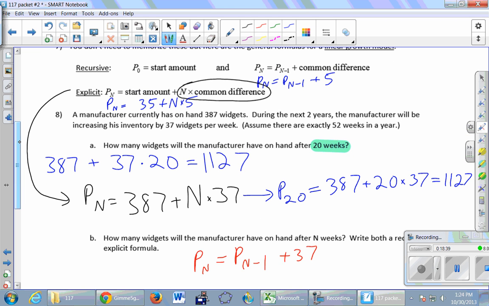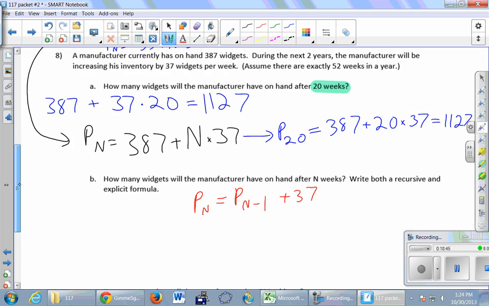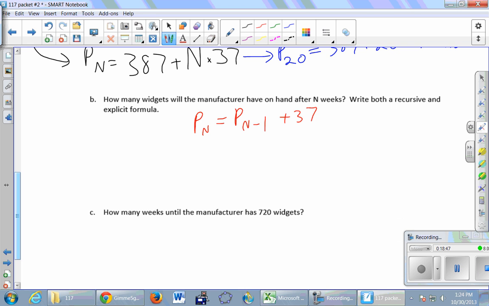That is this right here, plus the common difference. It always works that way for linear stuff. So just to be clear, the explicit one is this guy up here, and the recursive one is this one here.